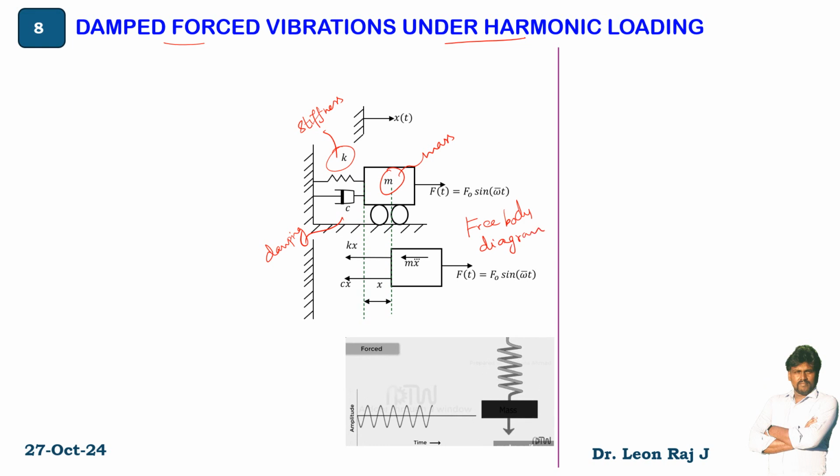So the whole mass is moved to a distance of x. Then the forces acting on this system are the inertia force, m x double dot, the spring force, kx, and the damping force, c x dot.